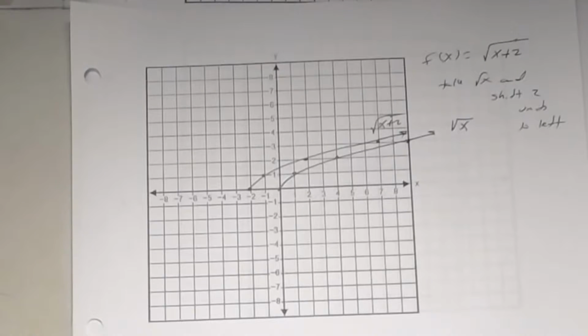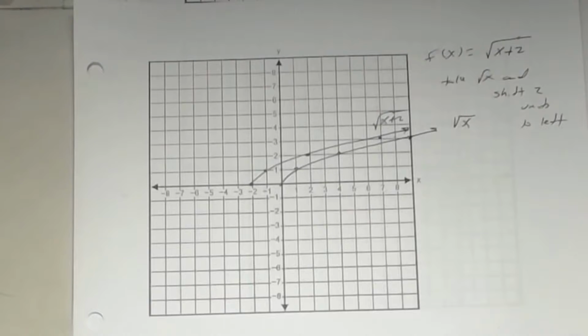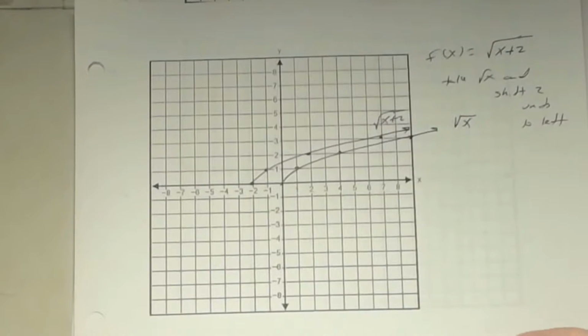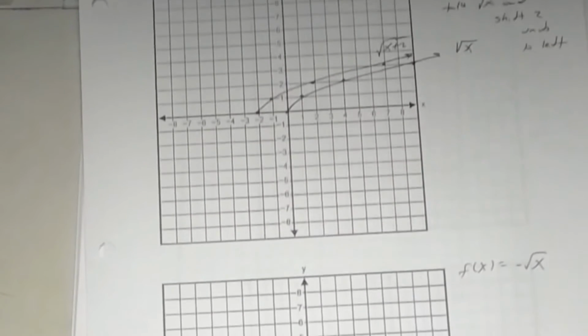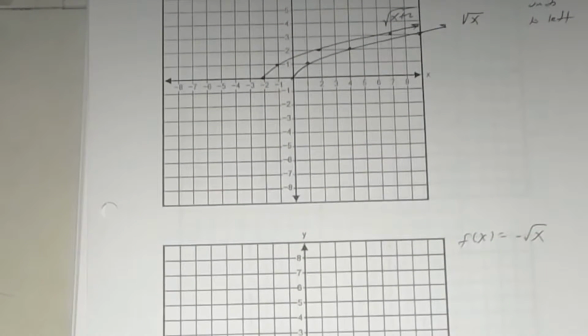Okay? So any questions on the absolute value? All right. What if you had this? Negative square root of x. That's the inverse of the parent function? You've got to use the words. This is a reflection about the x-axis, not an inverse.